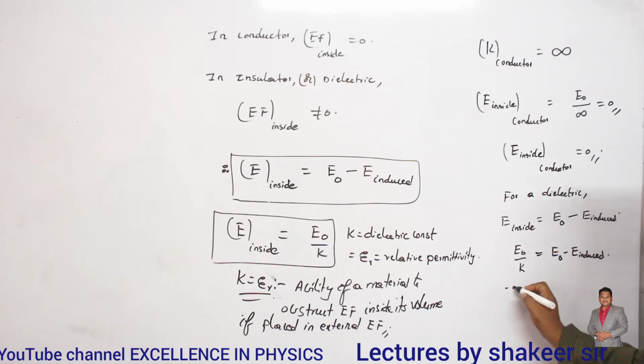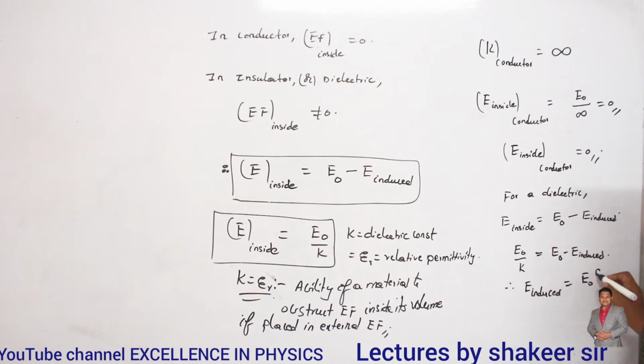So E induced will be how much? E induced will be equal to E naught into 1 minus 1 by K. Clear? So E induced is equal to E naught into 1 minus 1 by K. This is a very important relation.